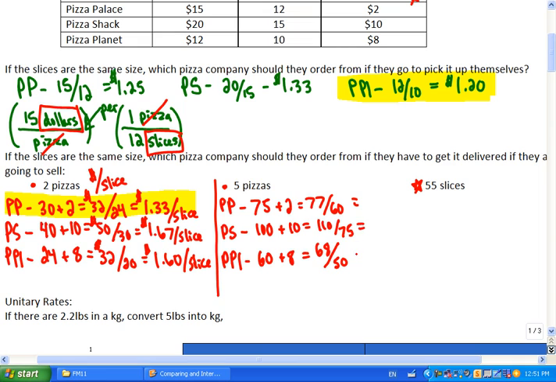So let's see here, $77 out of 60, that's $1.28 a slice. $110 divided by 75, so $1.47. And $68 divided by 50, this is $1.36. Okay, so the Pizza Palace still works out to be the best deal.